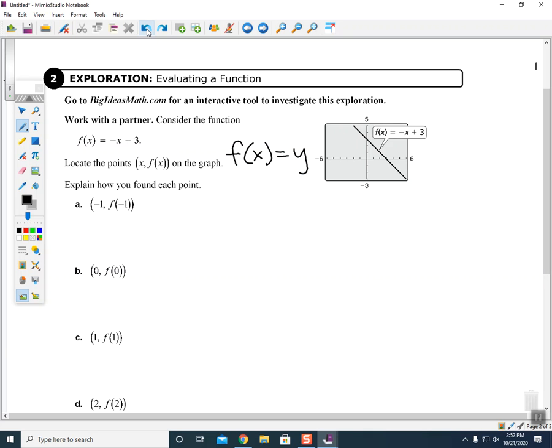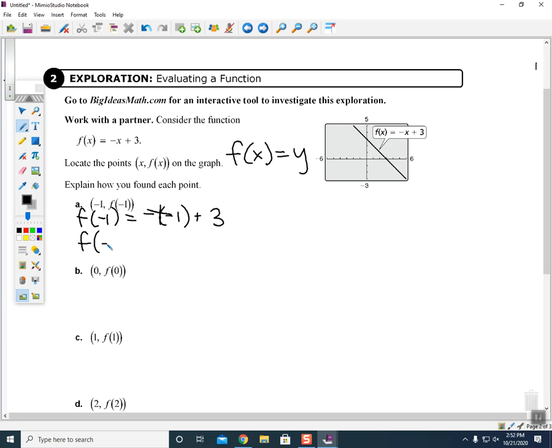Well, if I take f of -1, I'm going to plug -1 in. Here's the part that's tricky, right? I have a negative x, so I have a -(-1) plus 3. Two negatives make a positive, so I'm going to have 1 plus 3.